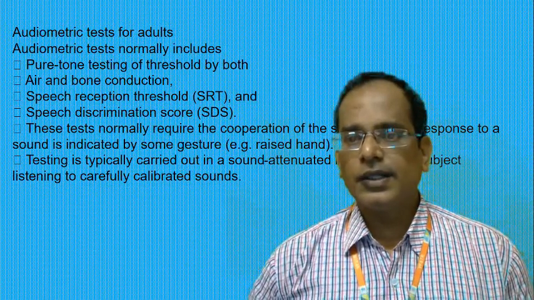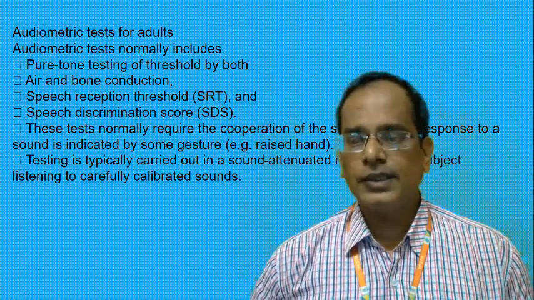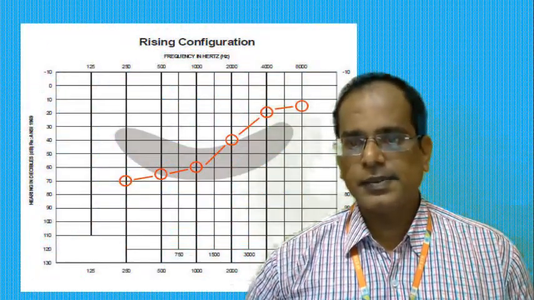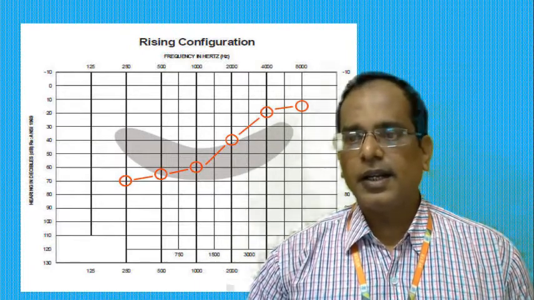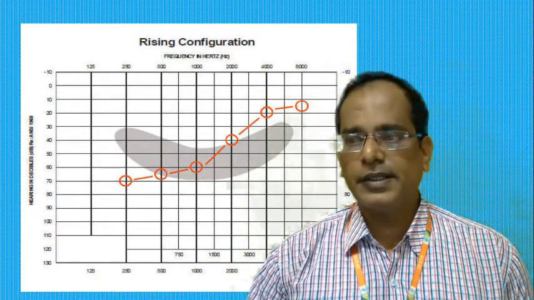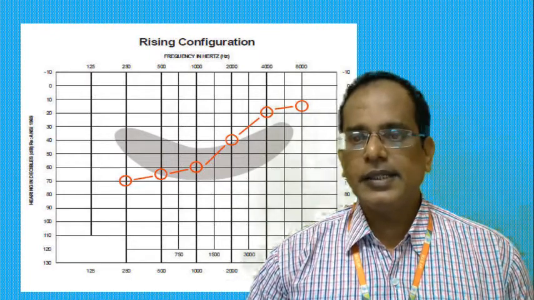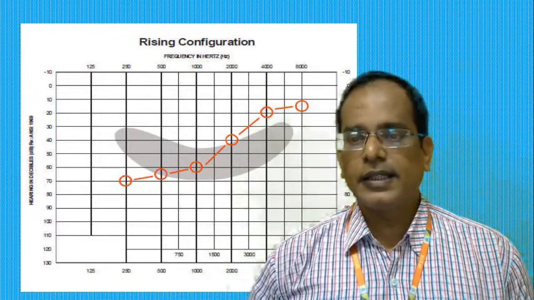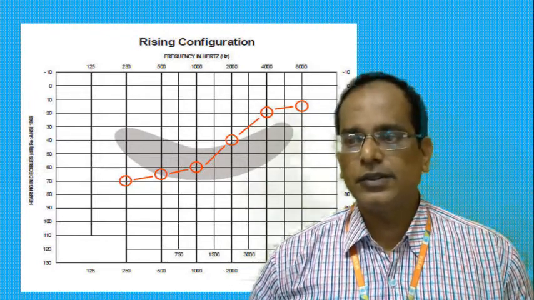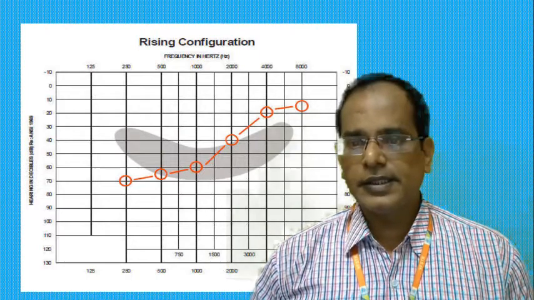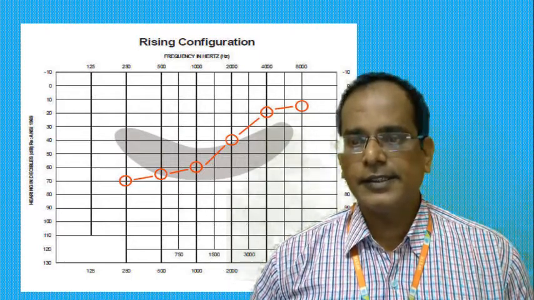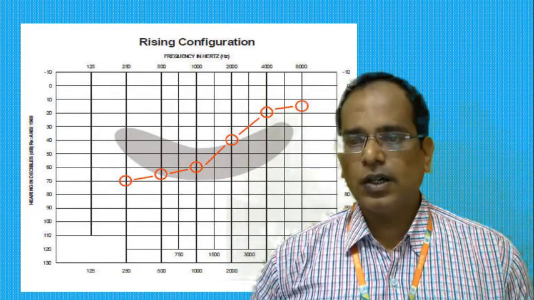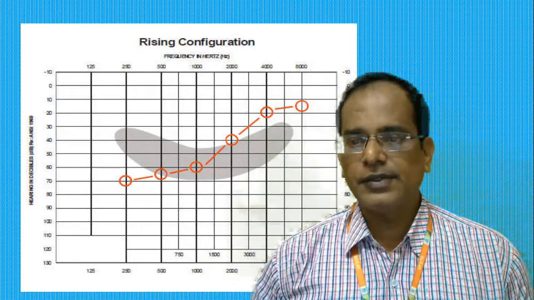Now we will go to another one. Speech audiometry generally confirms the pure tone audiometry result and provides insight into the perceptual ability of individuals. The intelligibility threshold is generally equivalent to the average intensity at frequencies of 500 Hz, 1000 Hz and 2000 Hz, determined by pure tone audiometry, the conventional frequencies.